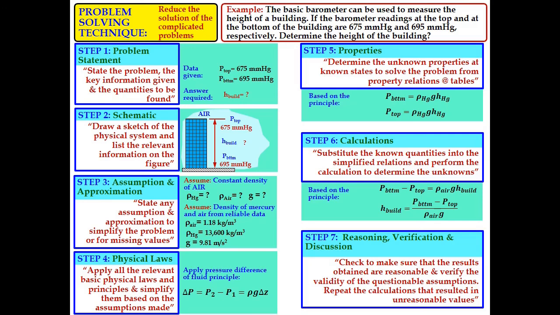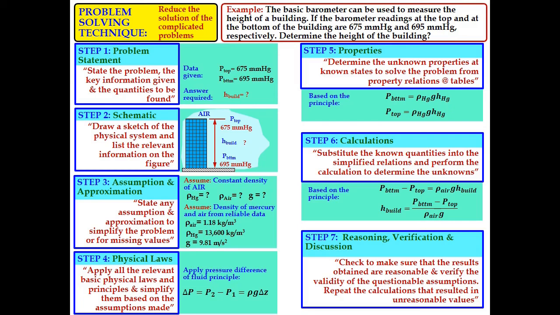Step number 7, reasoning, verification and discussion. You need to check to make sure that the results obtained are reasonable and verify the validity of the questionable assumptions. Repeat the calculation that resulted in unreasonable values.